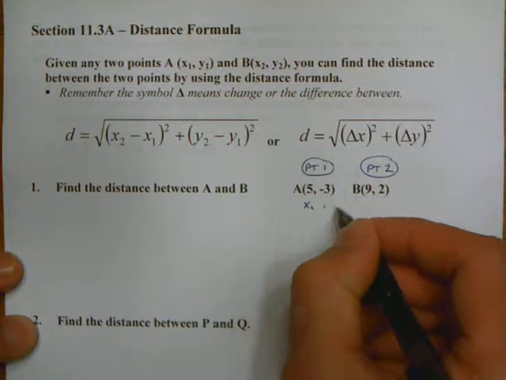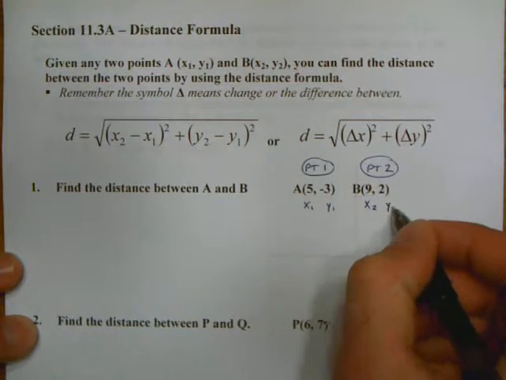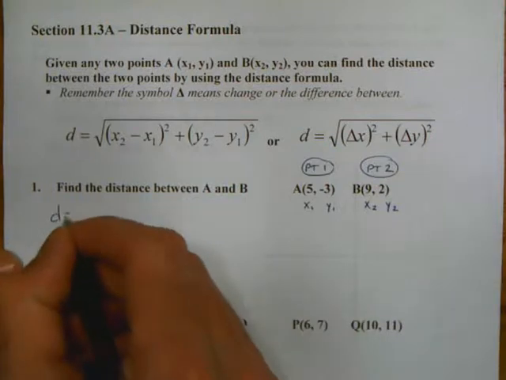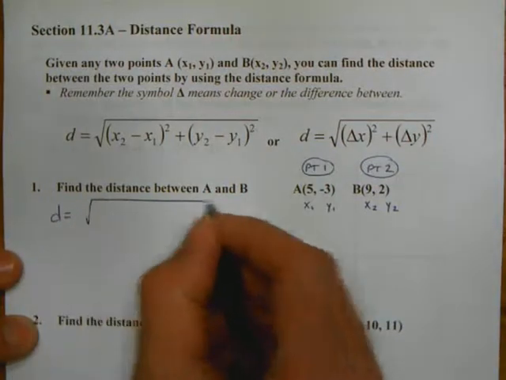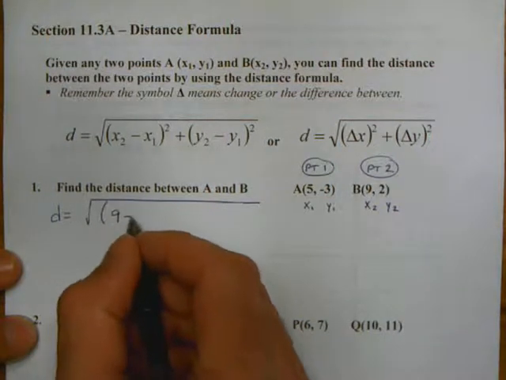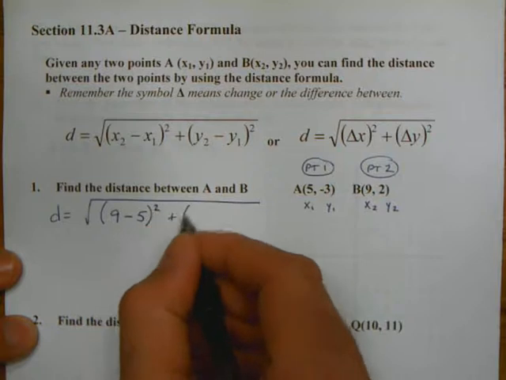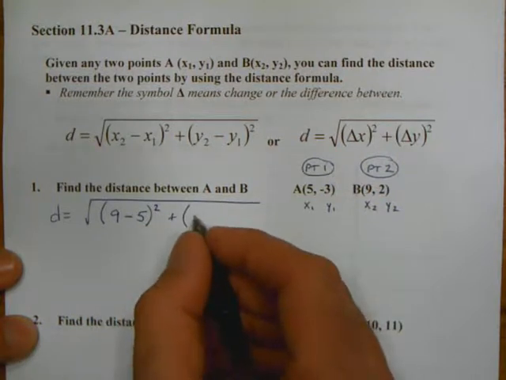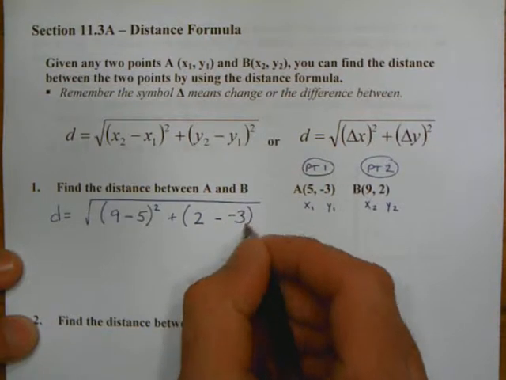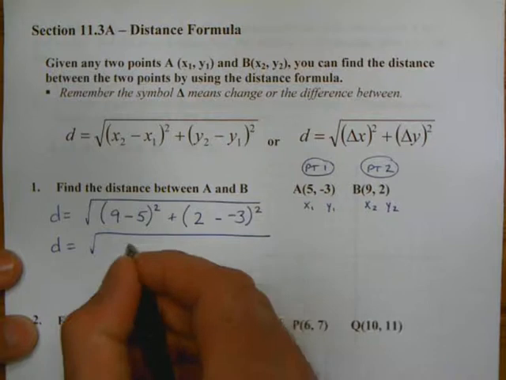So, as we look through it, this will be x1, that will be y1, this will be x2, and the second value will be y2. So as we put it into our distance formula, we're going to have the square root of x2, 9, minus x1, 5, squared, plus the difference of y2, 2, minus negative 3, squared.